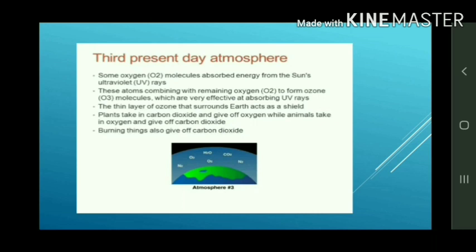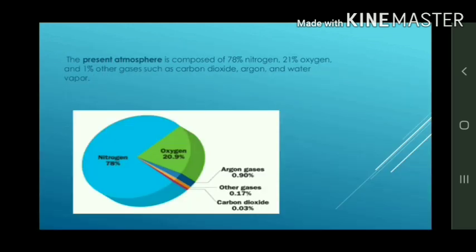Burning things also gives off carbon dioxide. The present atmosphere is composed of 78% nitrogen, 21% oxygen, and 1% other gases, such as carbon dioxide, argon, and water vapor.